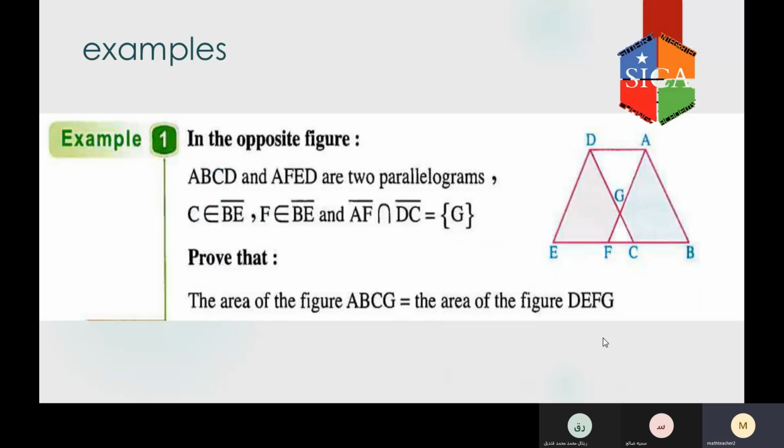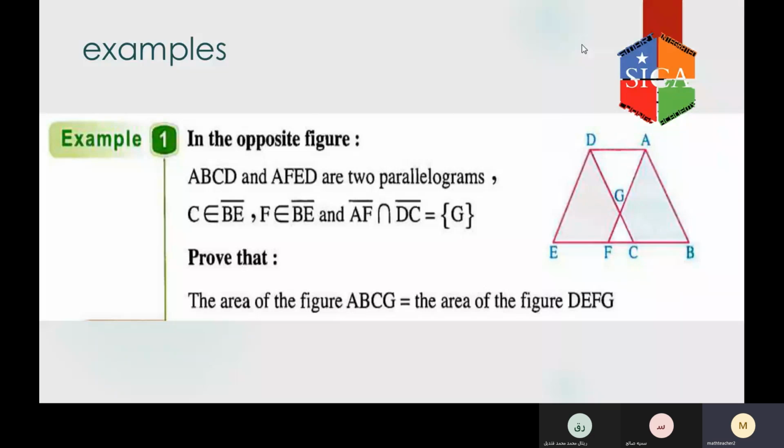Example, in the opposite figure, we see ABCD, here A, B, C, D, and A, F, E, D are two parallelograms. Here we see that AD is a common base between the two parallelograms ABCD and AFED.